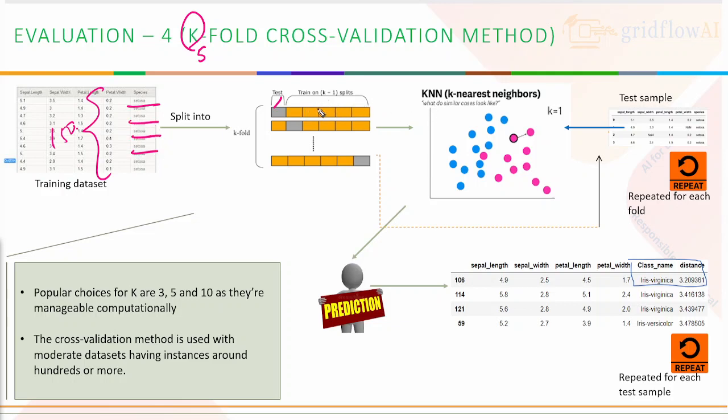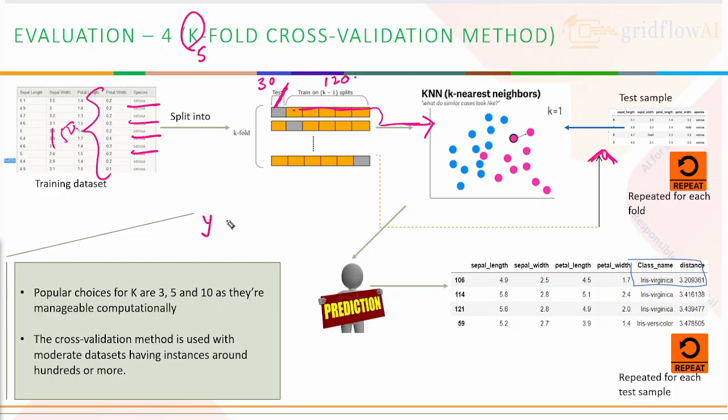Then what we do with just one part here: one part is 30 samples, and the remaining 4 parts is 120 samples. We train the model with 120 samples, and then we test it with this particular 30 samples to see how the model is giving the results.